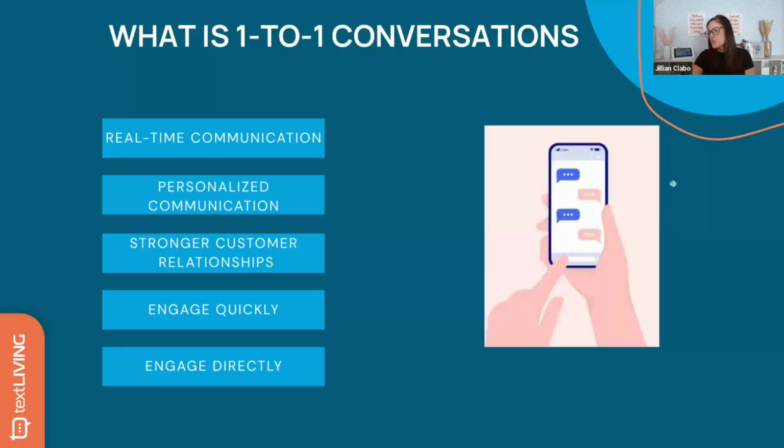So first, what is a one-to-one conversations tool? It's a way for your merchants to speak one-to-one in real time with their customers, their clients, their employees, whoever it is they're trying to communicate with. They can personalize the communication a little bit more. So it's customers sharing feedback, positive or negative, and they can personalize and be able to help guide that customer, that client, whoever it is, with whatever help they need.